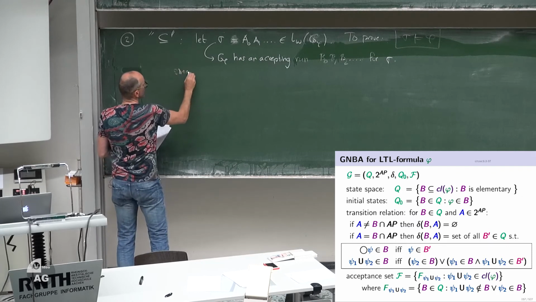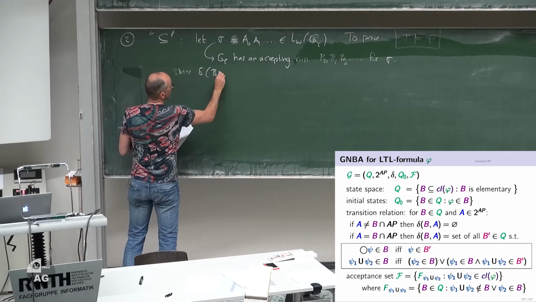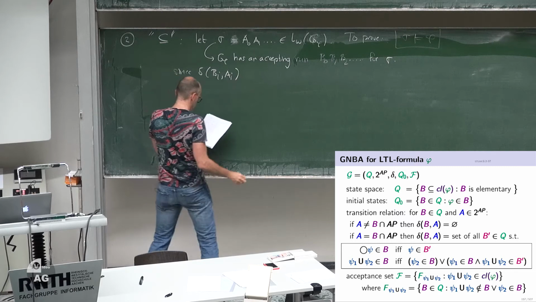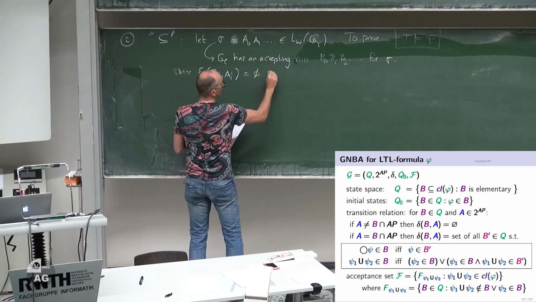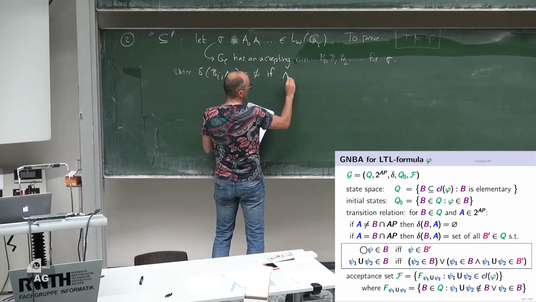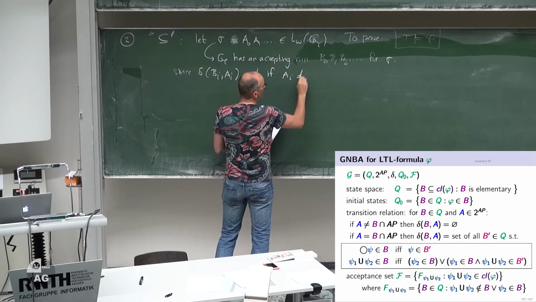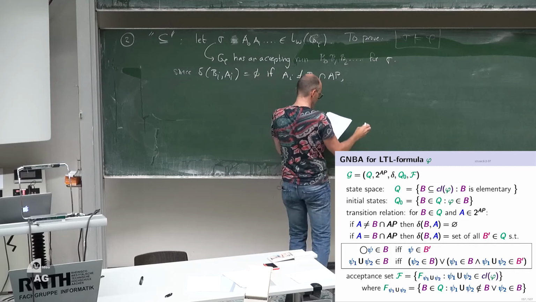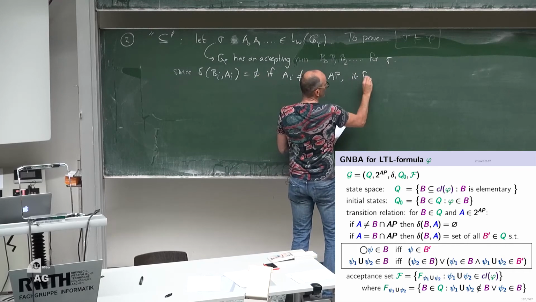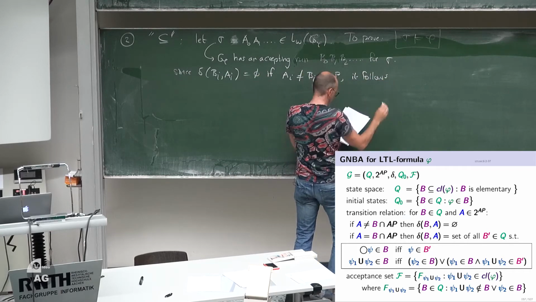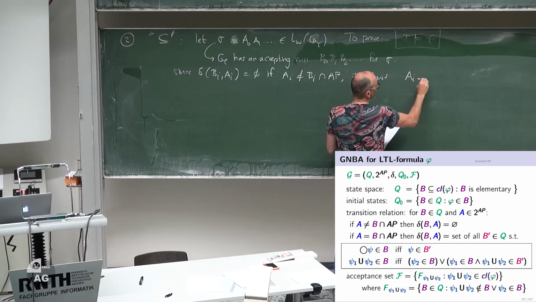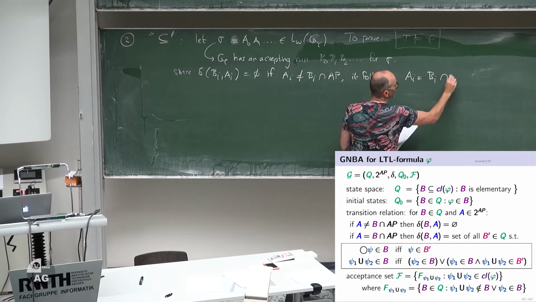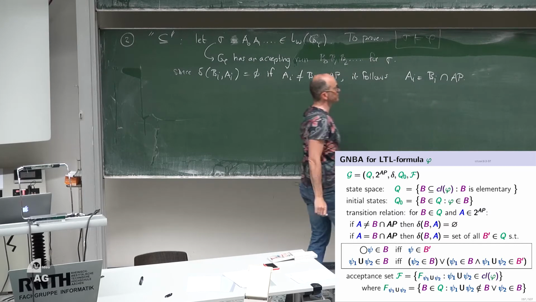Since delta(bi, ai) is the empty set if ai differs from bi intersected with AP, it follows, quite similar to what we have seen before, that ai actually equals bi intersected with AP.